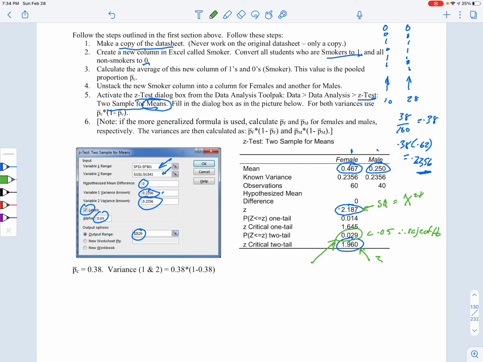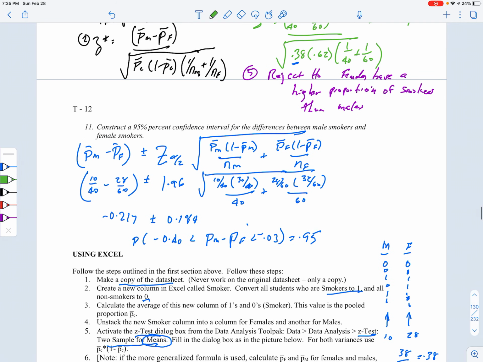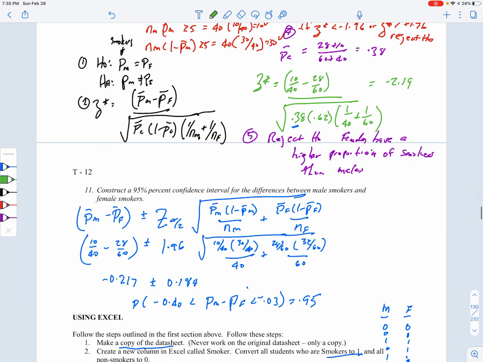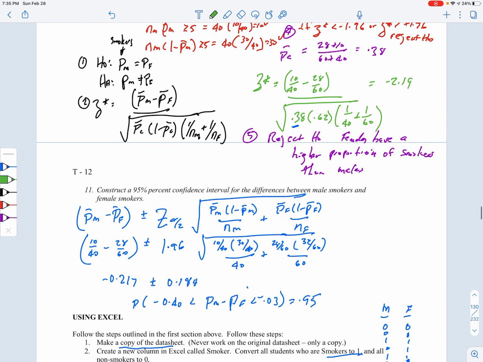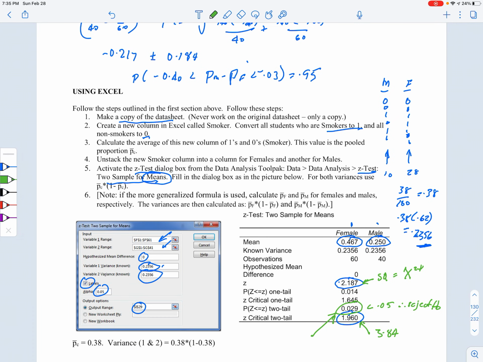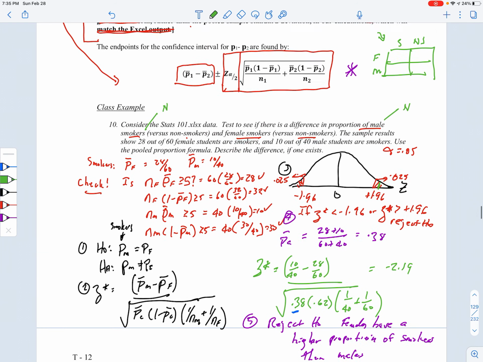And, in fact, if you square this particular guy, you'll get 3.84, which is the critical value for a 2x2 table. So 1 degree of freedom. So in other words, you end up with exactly the same results if you do this as a test of independence. So why would you do it this way?